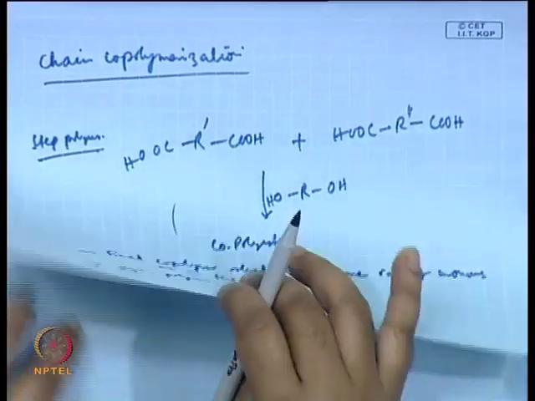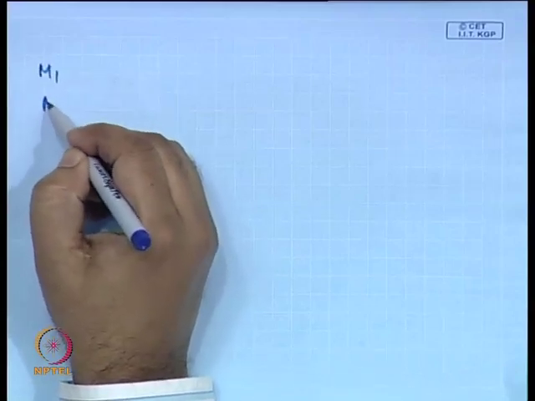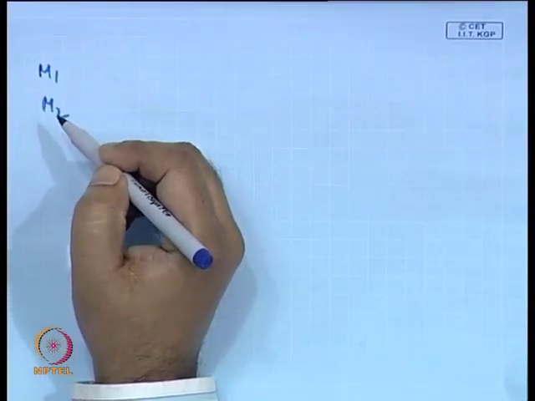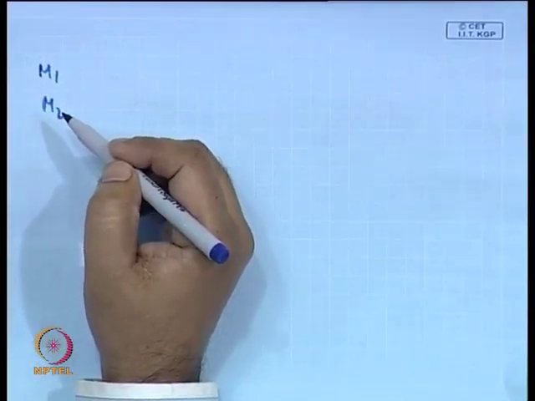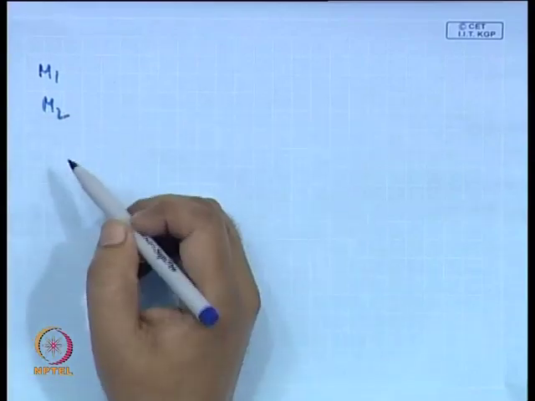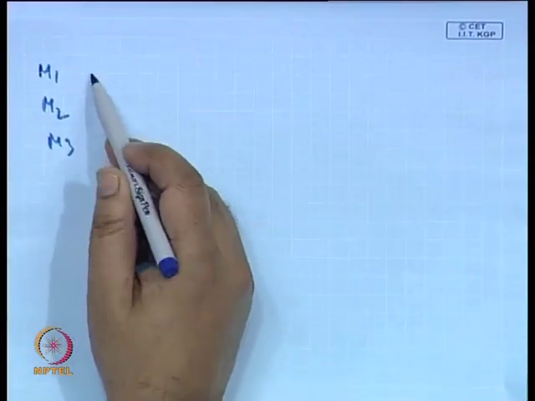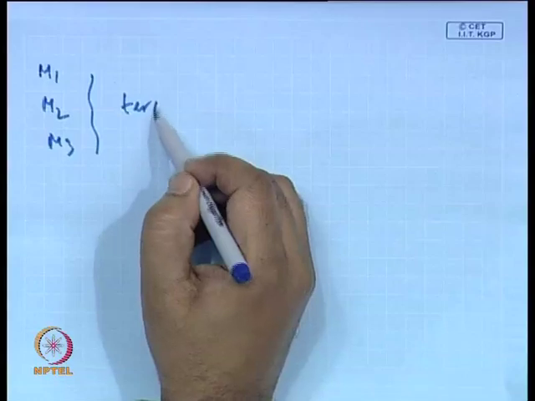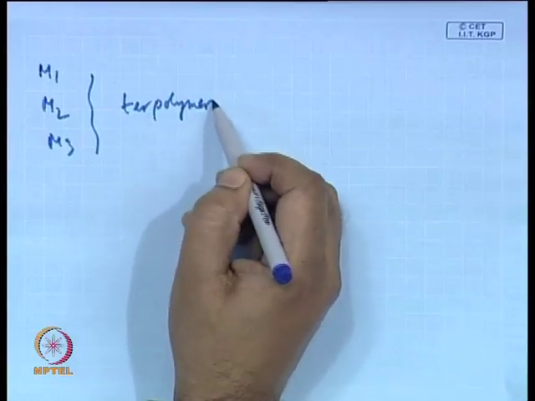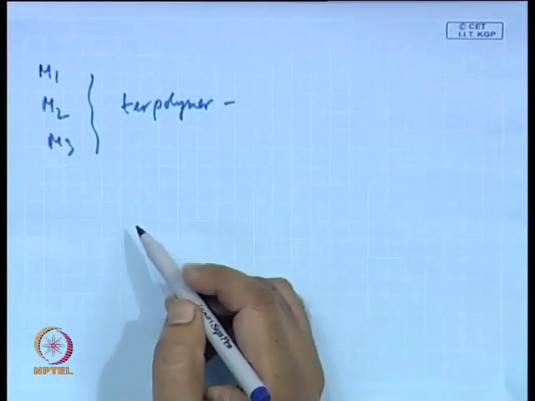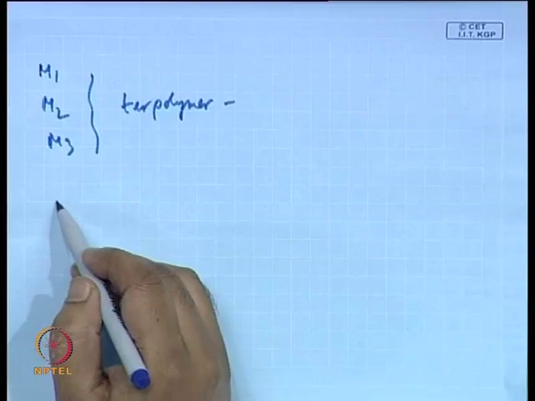What happens in case of chain copolymerization? So, if you start with two monomers M1 and M2, you can have a copolymer, and there are mostly three types of arrangement.